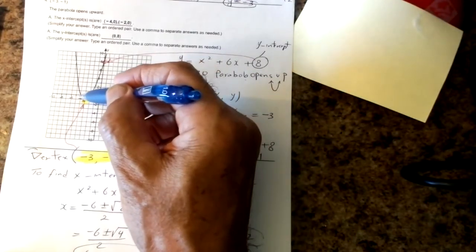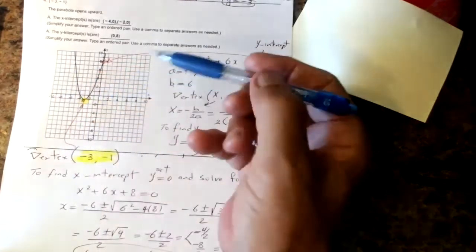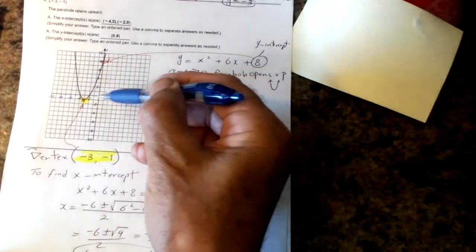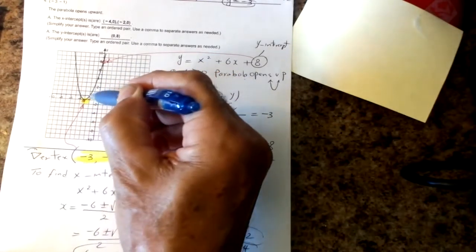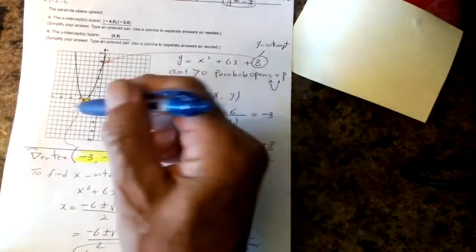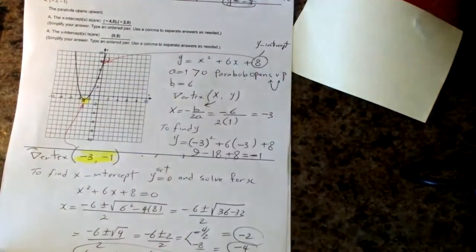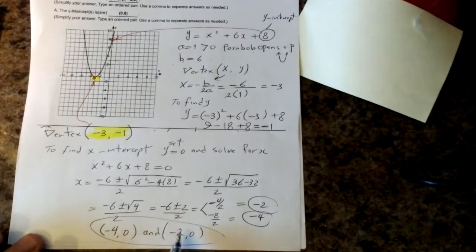X-intercepts are the places where my parabola intersects the x-axis. This is the x-axis, and the graph intersects at these 2 points. This is one, and this is another one. These 2 points are these 2. So these are your x-intercepts.